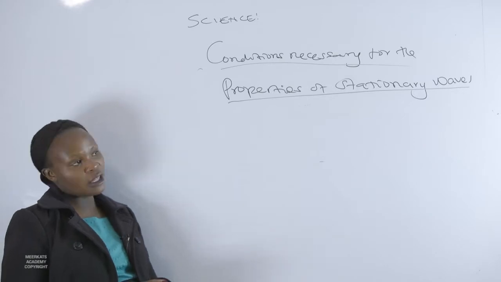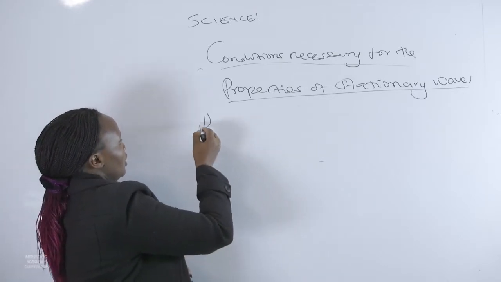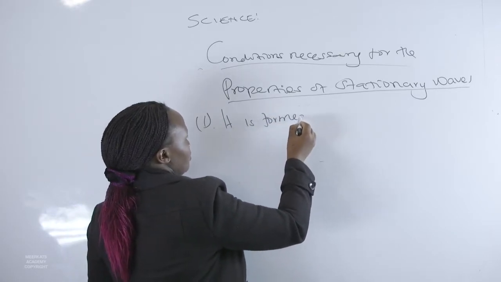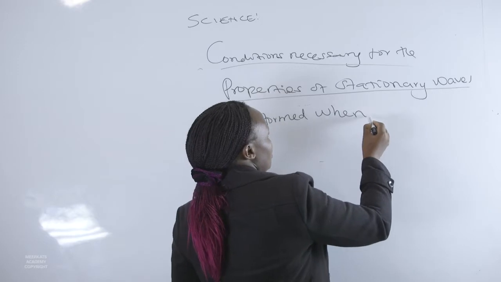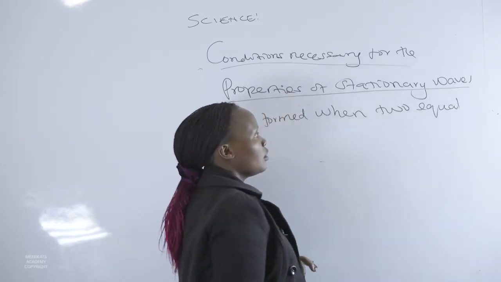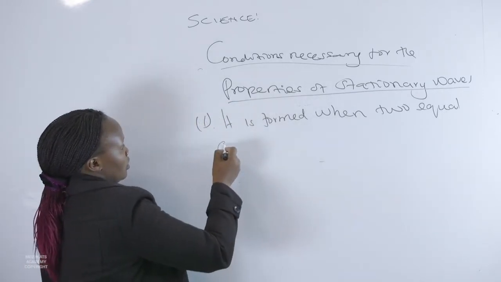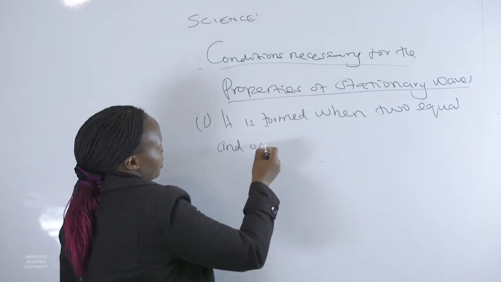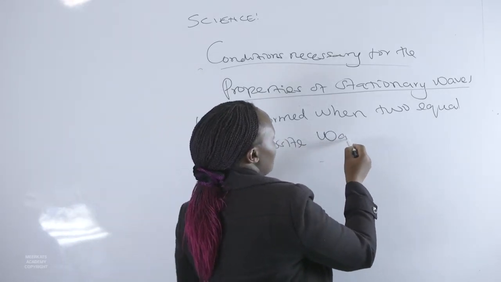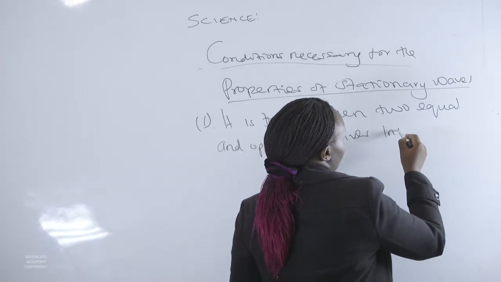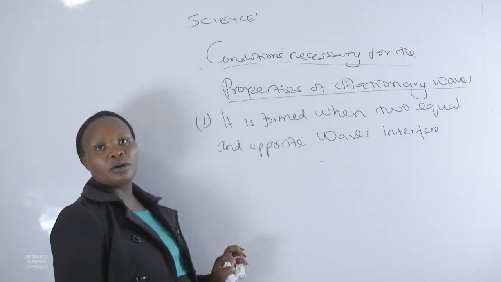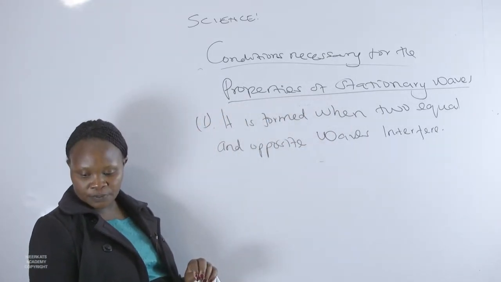And we start with the obvious. Number one, it is formed when two equal and opposite waves interfere. They are formed when two equal opposite waves interfere.